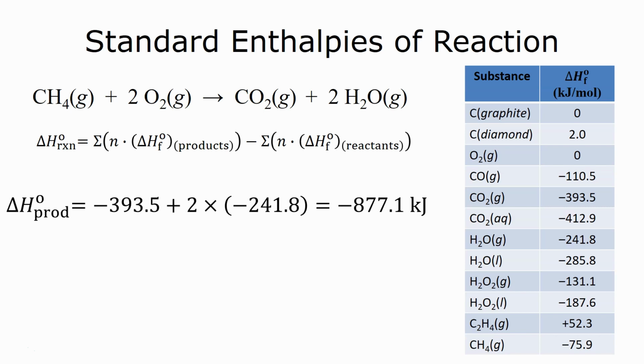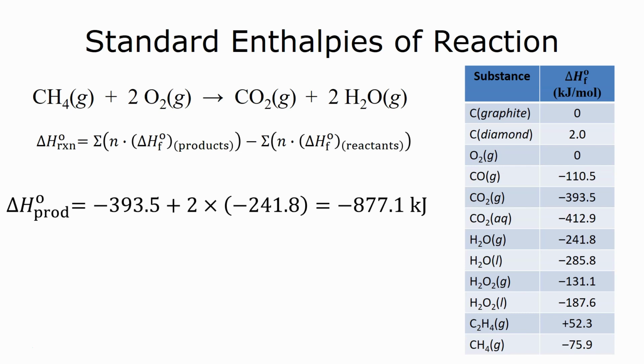And then, adding to that, we have water. Now, which water? We've got H2O in gaseous form, we have H2O in liquid form, and it's right next to H2O2 in gas and liquid form. Again, make sure you're using the right one. In this case, we're going to add to this 2 times negative 241.8 kilojoules. Add them up and we get negative 877.1 kilojoules for all the products.